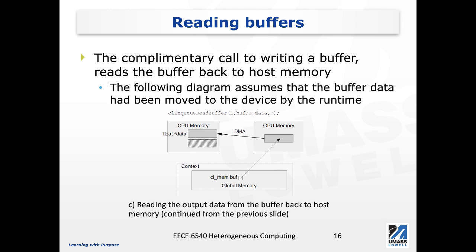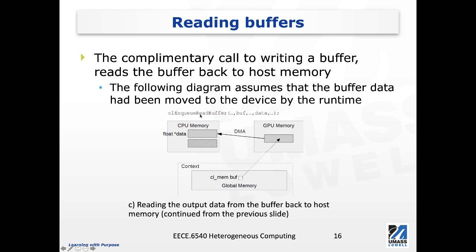The read buffer API is a complementary call to writing a buffer, and it reads the buffer back to the host memory. This diagram assumes that the buffer data has been moved to the device by the runtime. So we already have the data here in this buffer on the device side.